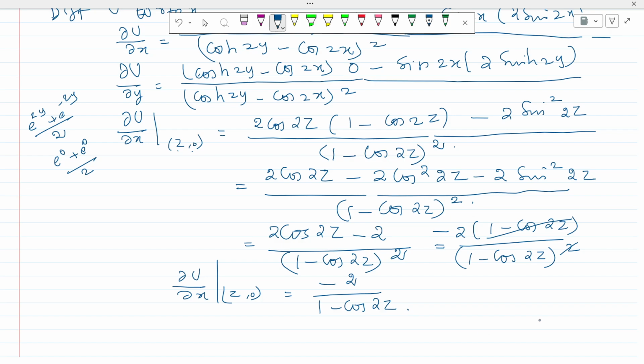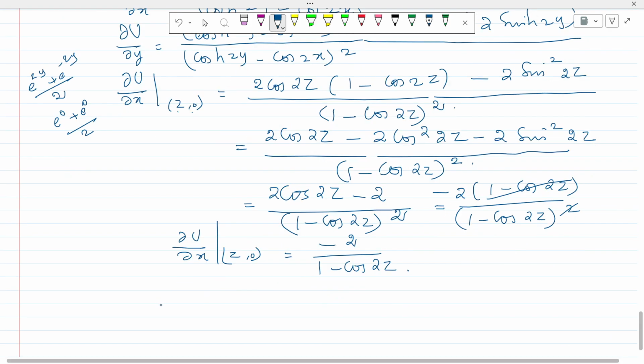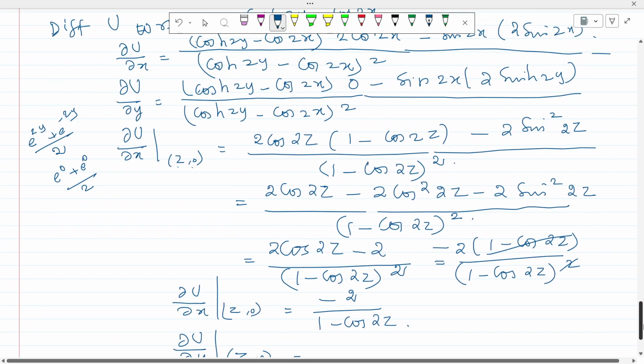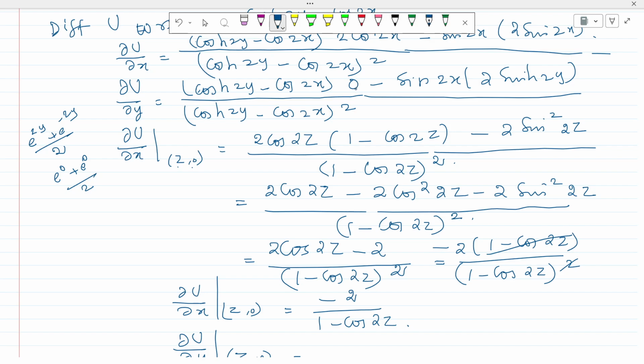Similarly, ∂u/∂y, and ∂e/∂y at (z, 0). Then what is ∂e/∂y here? You can see the first one is 0.